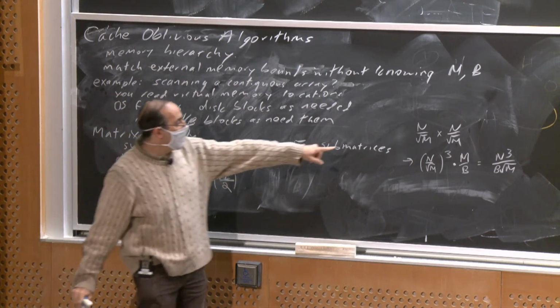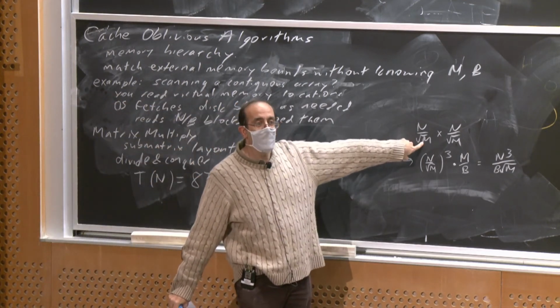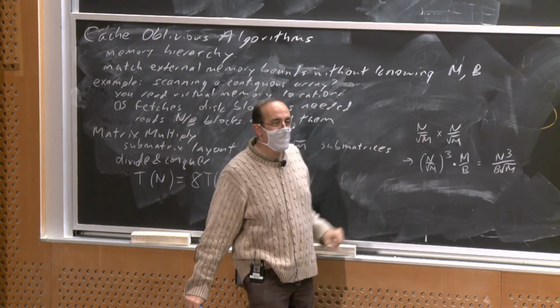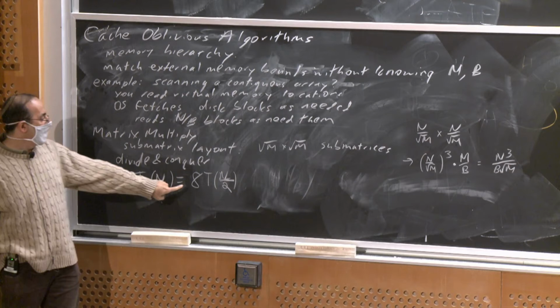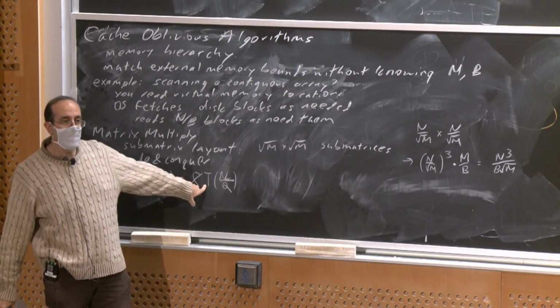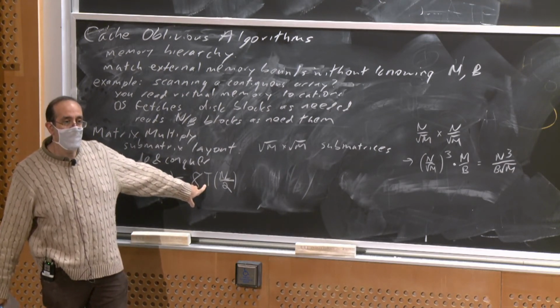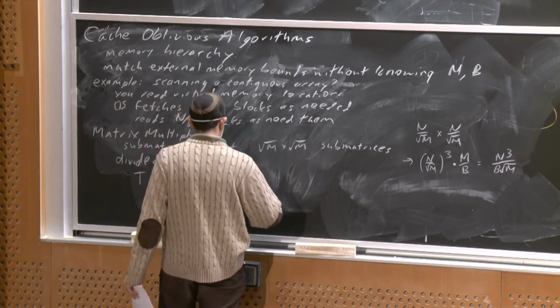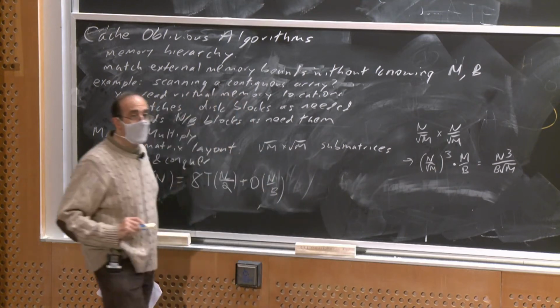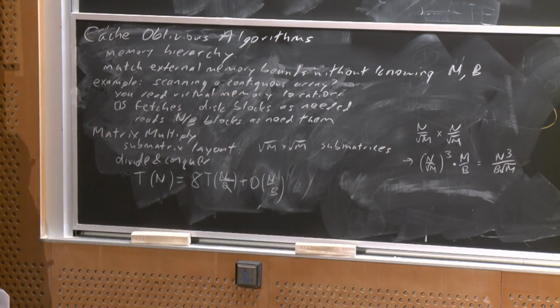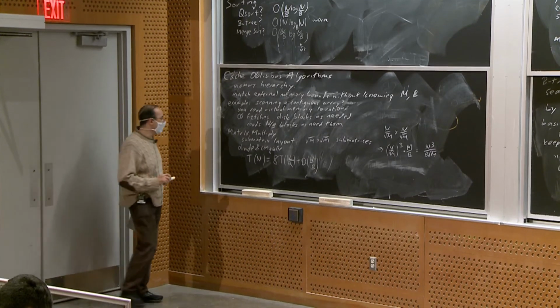And here I'm just using n over 2 instead of square root of m for the submatrices, right? So in order to multiply two n by n matrices, I have to do 8 multiplications of n over 2 by n over 2 matrices. And then I need to do a bunch of addition, but adding matrices is just a scan, which is cache obliviously optimal. Okay. So does everybody buy this recursion? And what's the base case for this recursion going to be?